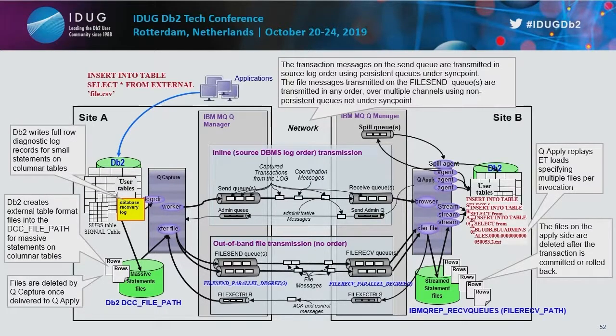Once the transaction is finished, maybe I have many such statements, I commit the transaction, then we send a commit message, and the target will commit. If it's rolled back, then we roll back. So that's the principle of transaction streaming and how we replicate data for a column organized table.